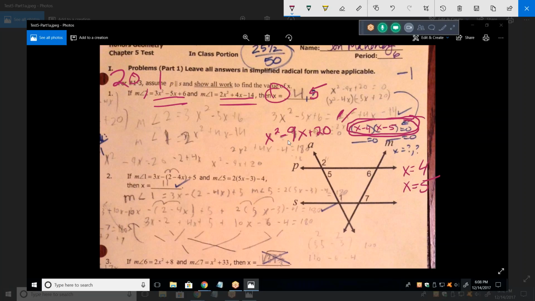And if you have time, and this is an important part, because all your tests are timed, right? You don't have an unlimited amount of time to answer these questions. So when you come up with these two answers, you have two choices. You can either list both answers and go on to the next question, or you can plug them in and see if they're both valid.